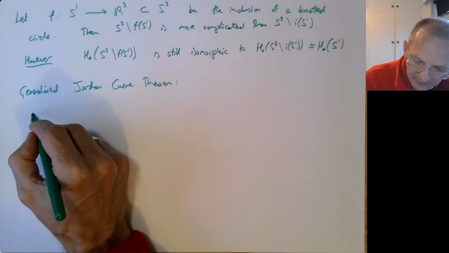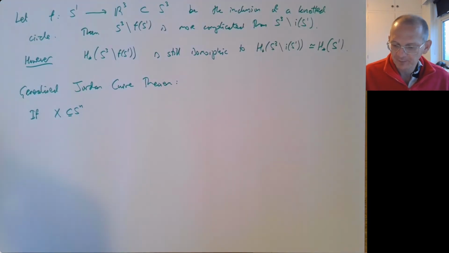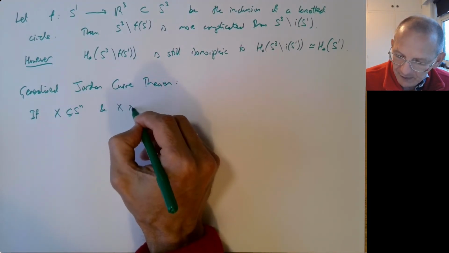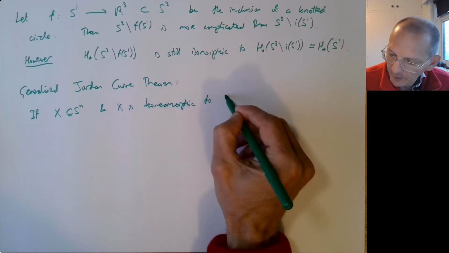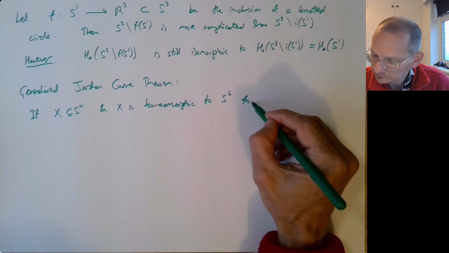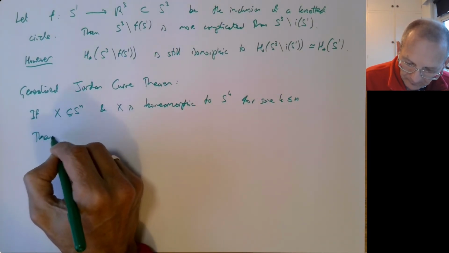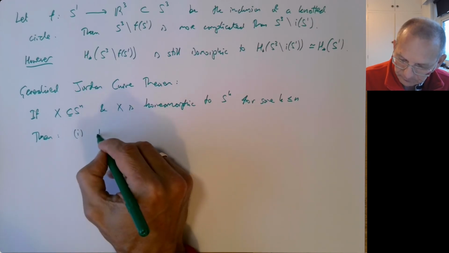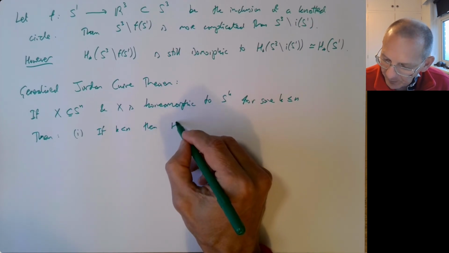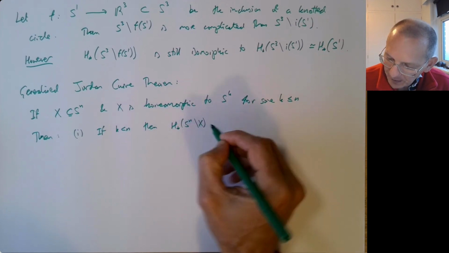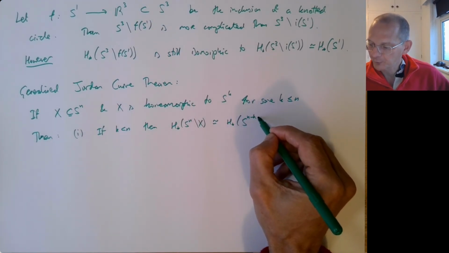This says that if X is a subspace of S^n and X is homeomorphic to S^k, with k strictly less than n, then the homology of S^n with X removed is isomorphic to the homology of S^(n-k-1).